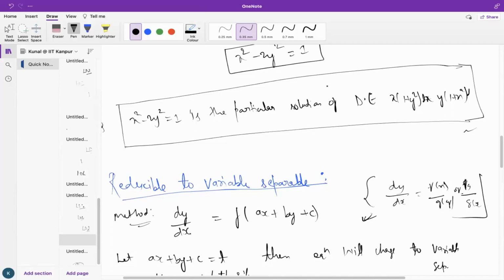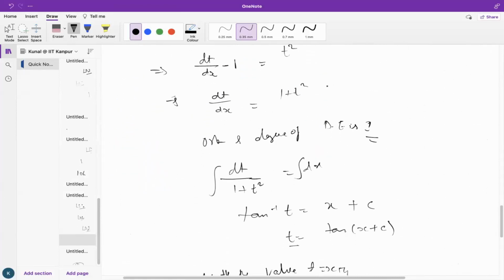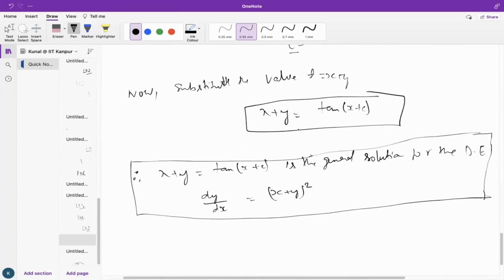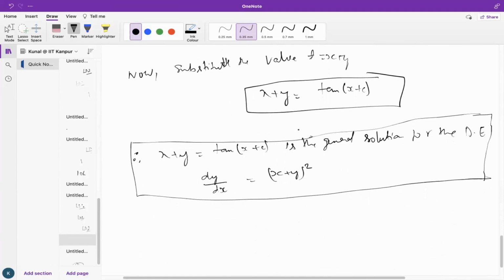We just substitute the function as t, differentiate it, calculate the value of dy by dx and substitute it in the original differential equation, and then that form will be reducible to variable separable, and then we can easily calculate the solution of the differential equation.